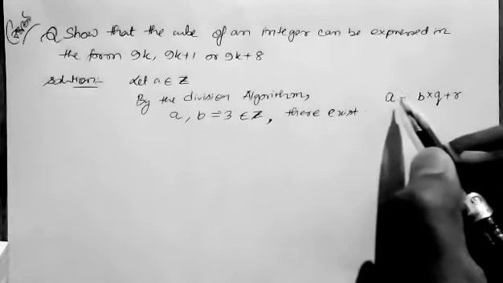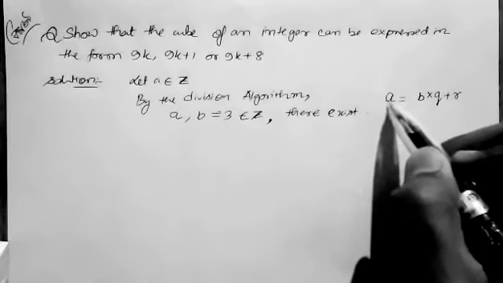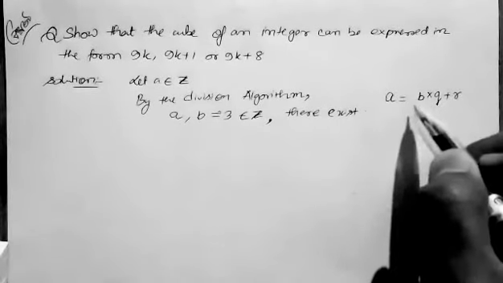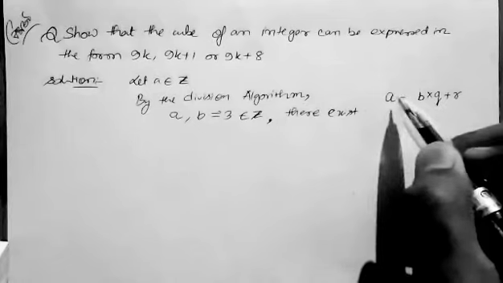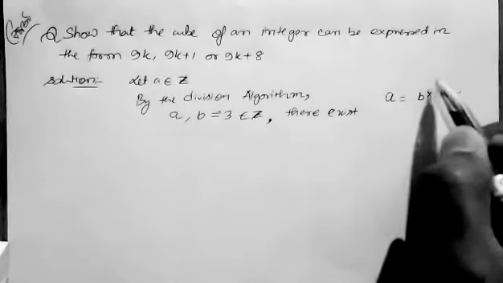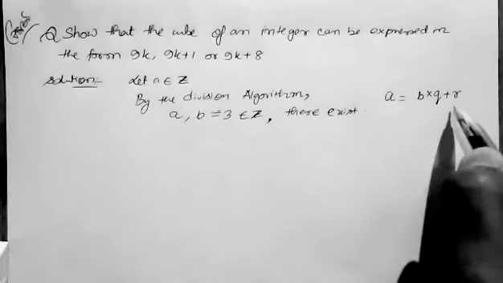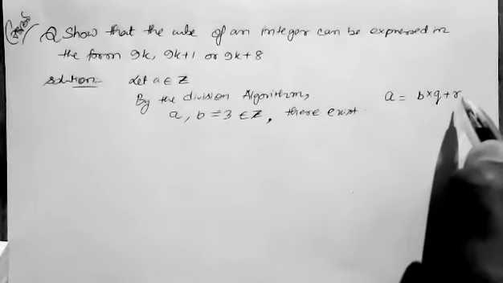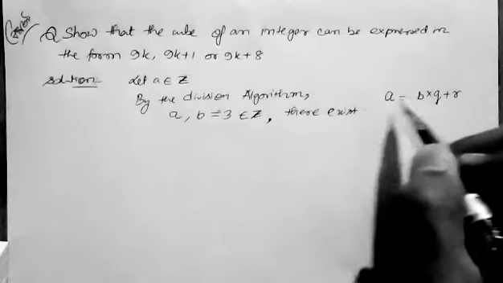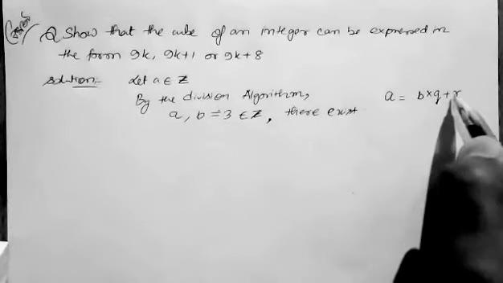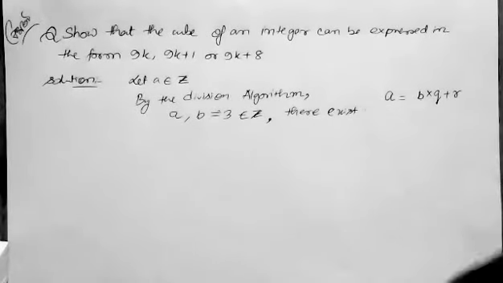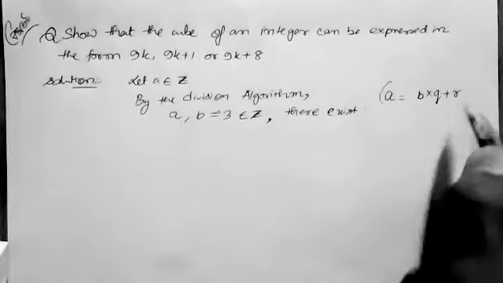If we divide a by any other integer b, then we will get a quotient. If a is not completely divisible by b, we will get a remainder. And if a is completely divisible by b, then the remainder is 0, okay? So this was the expression.